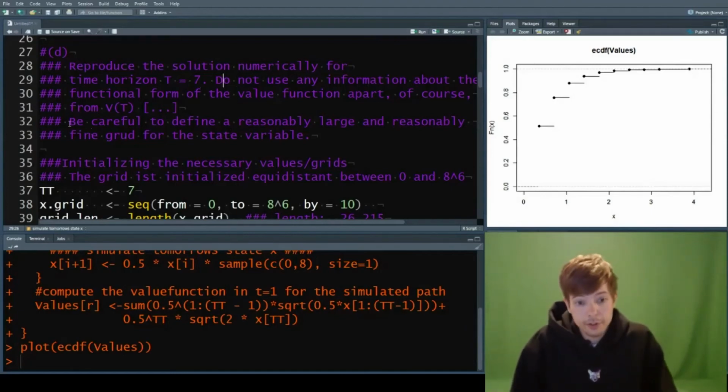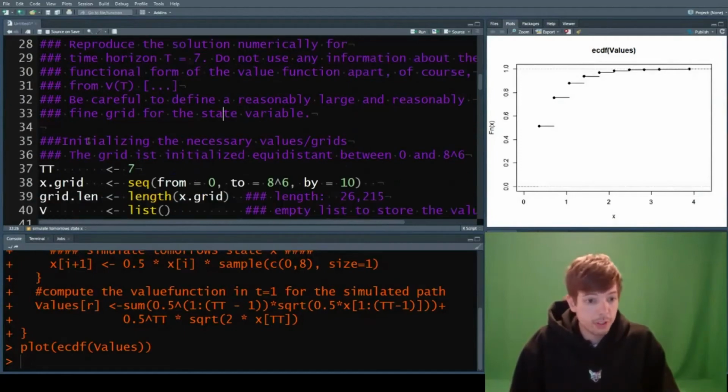And we should be careful, and that is a very important thing in this case, to define a reasonably large and reasonably fine grid for the state variable. So let's first initialize everything as before. We have the values and the grid here.